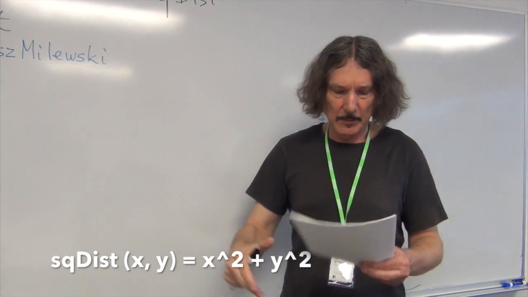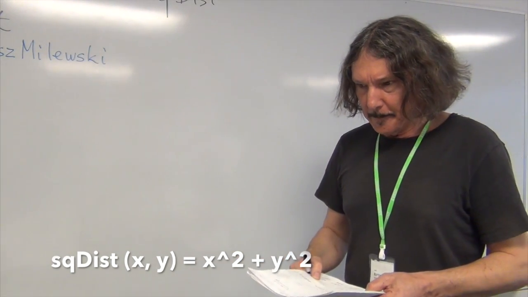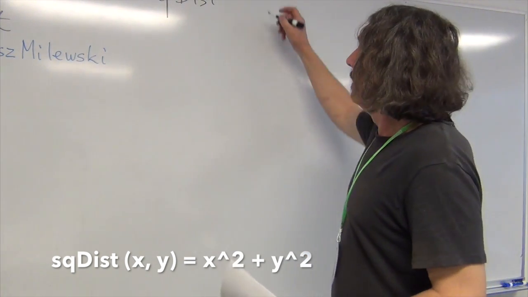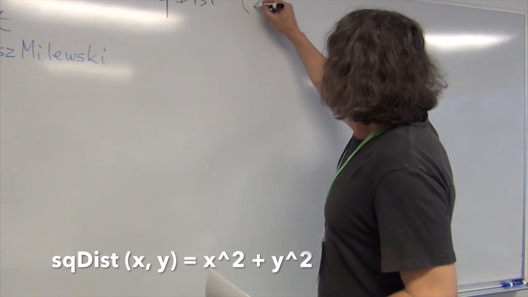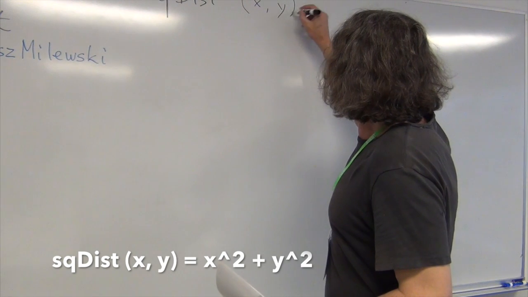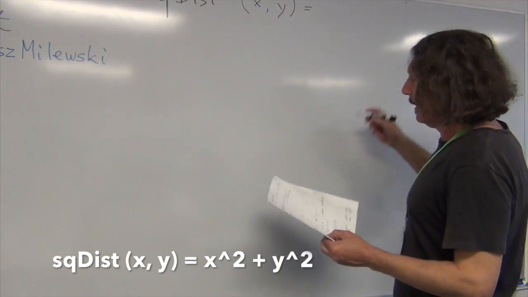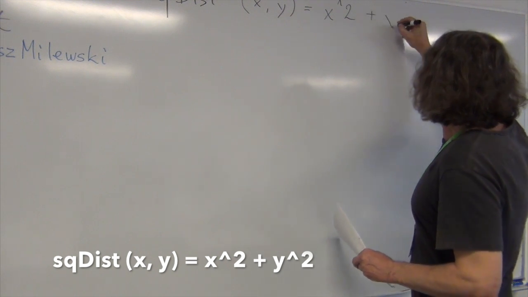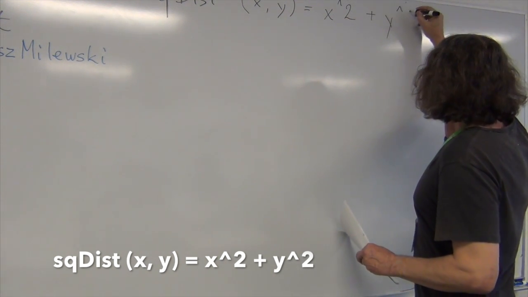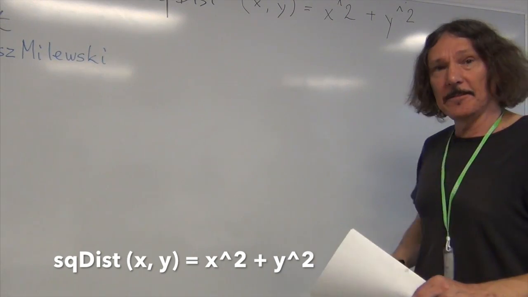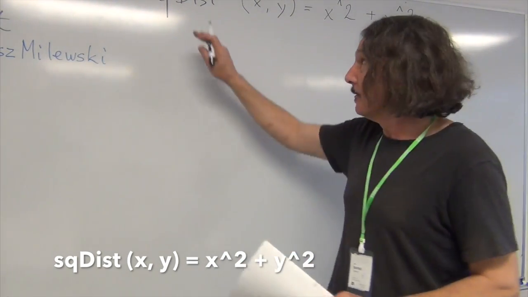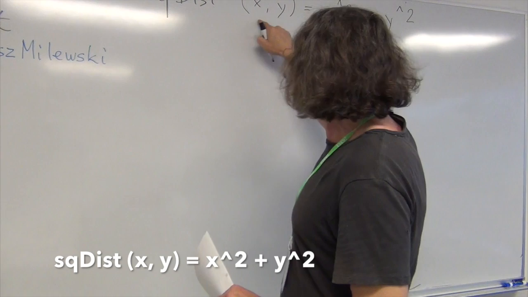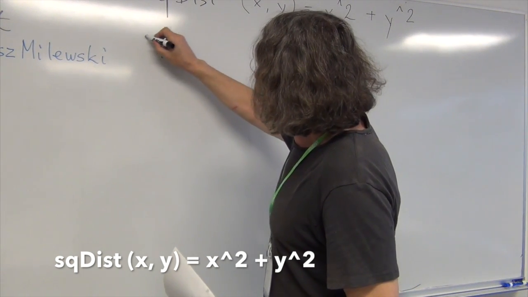This is the distance from the origin. But we could as well do this, with the usual definition: x to the power of 2 plus y to the power of 2. However, this is completely different. And if you want to call this function, you will have to put stuff in parentheses.